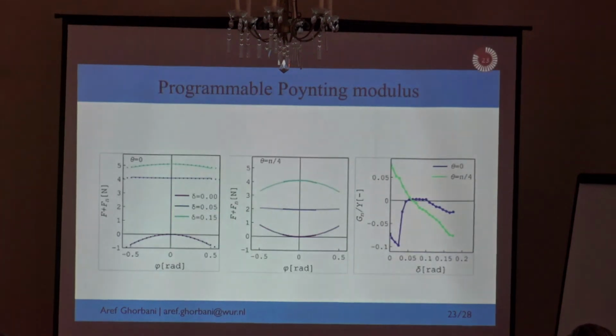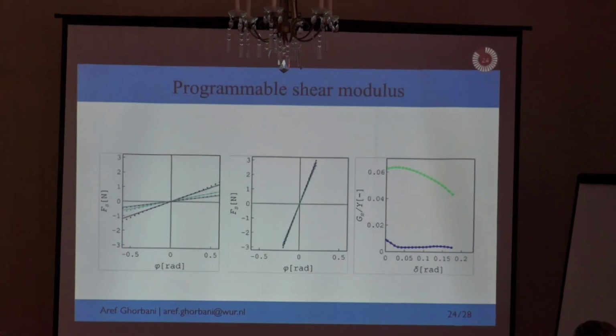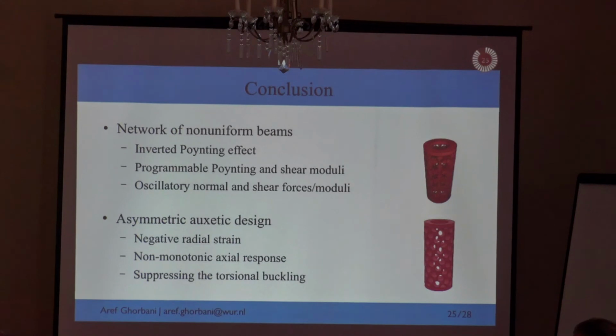And we can also program the Poynting modulus in these symmetric systems. I just showed that it also changes by precompression strain, but not as flexibly as the previous system, and not over as large a range. The shear modulus also changes a bit, as you can see, for two different systems. Both of them are symmetric here, and the changes are not that large, nothing very special.